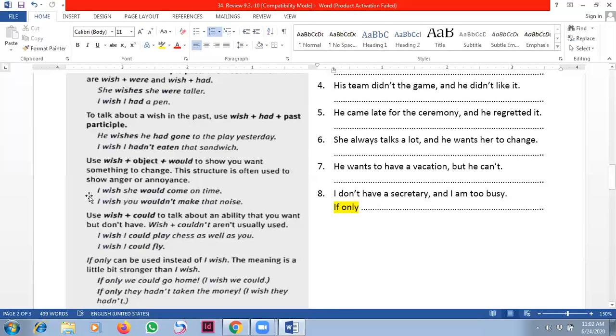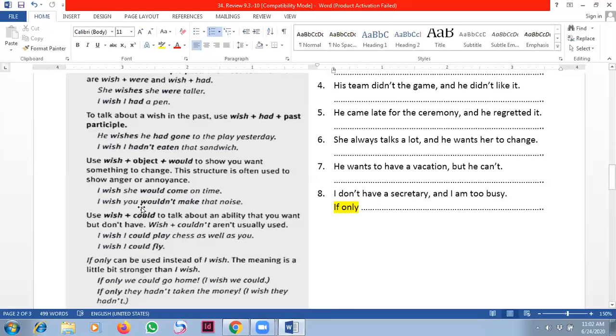Let's take a look here. I wish she would come on time because she comes late all the time. That is her habit. So I wish she would. This would here means I wish she changed her habit.